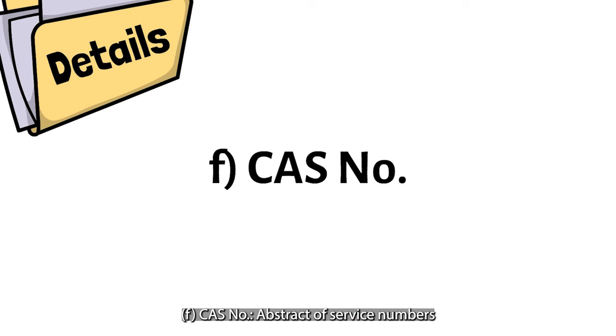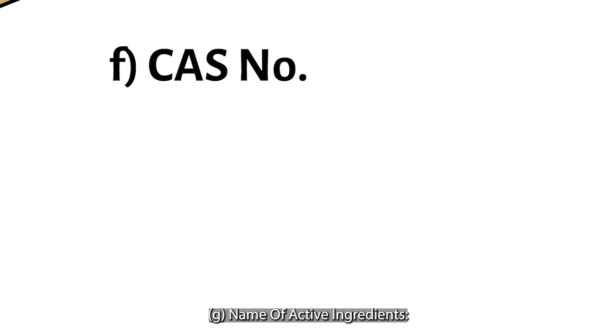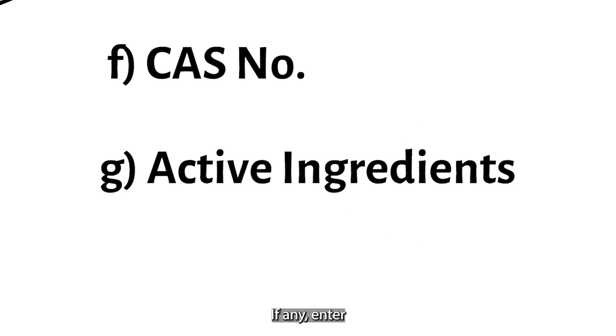CAS number. Chemical Abstract Service number as listed in the SDS. Name of active ingredients. If any, enter the name of active ingredients or dangerous components or constituents for each hazardous chemical as stated in CSDS.